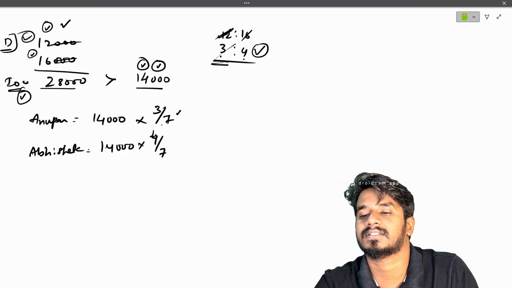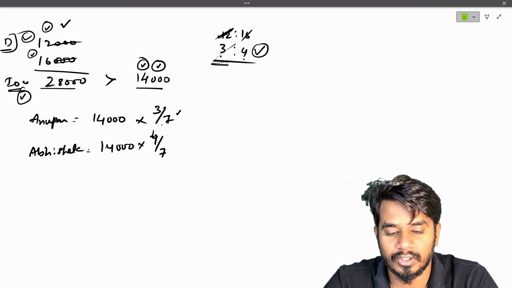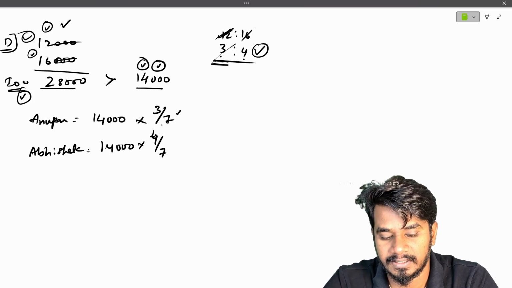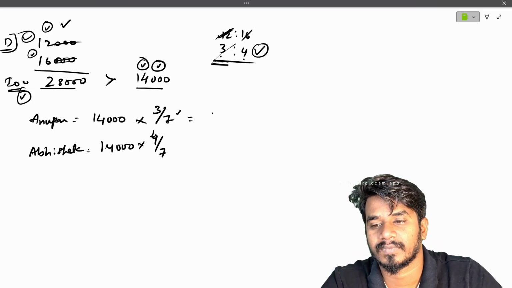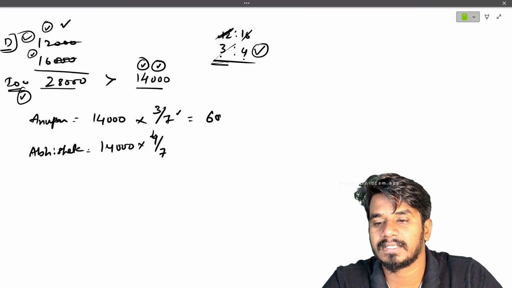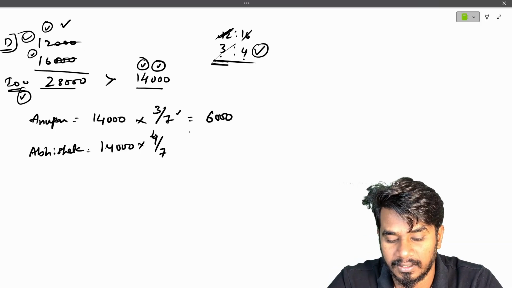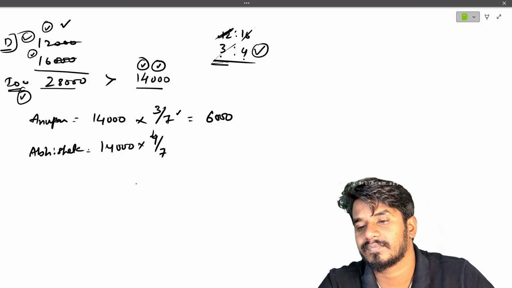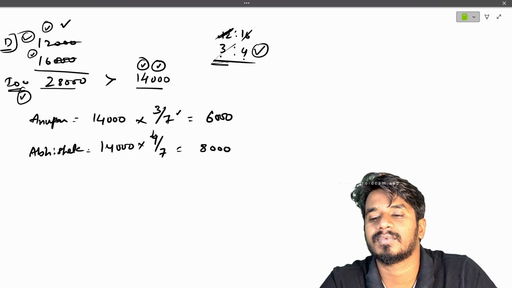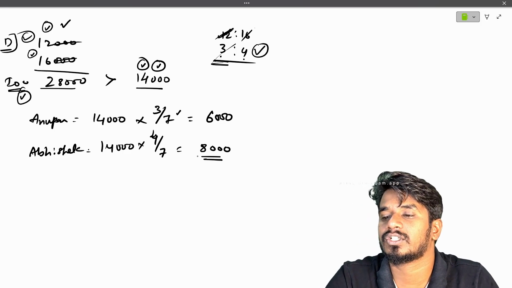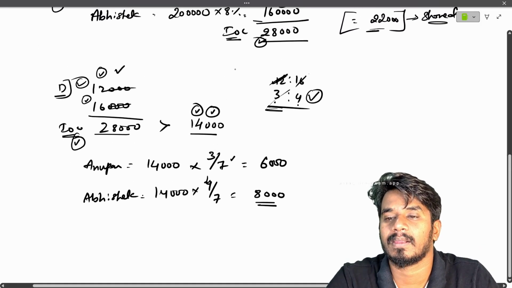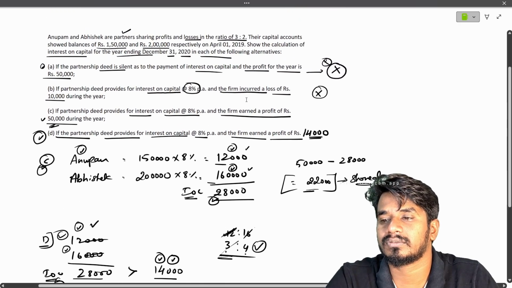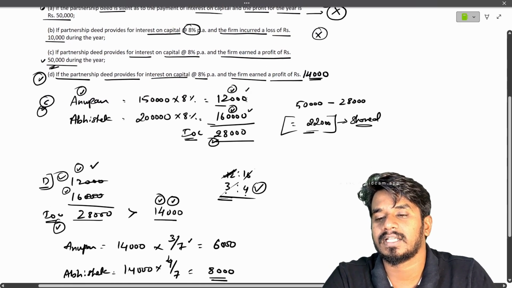So 14,000 is the profit, and in that we will share 3 by 7. Anupam's share of interest on capital is 6,000, and 14,000 into 4 by 7 is 8,000 for Abhishek. So this is the interest on capital. You can note down the question also, or else it is in the NCERT textbook.